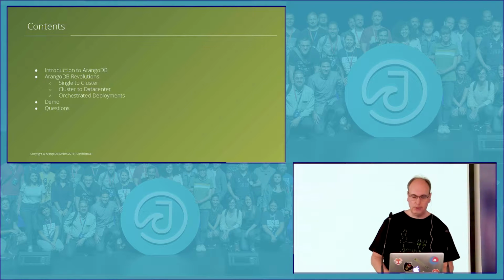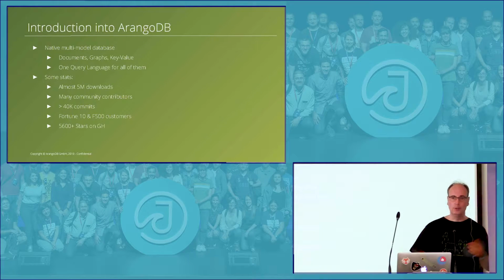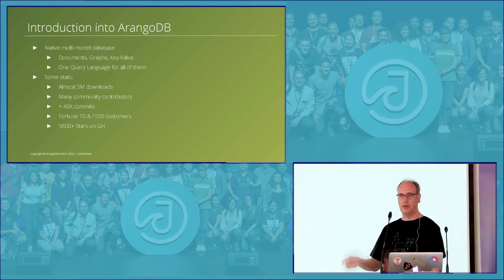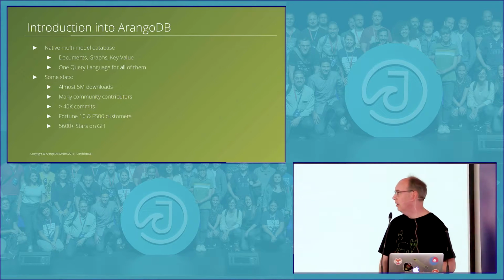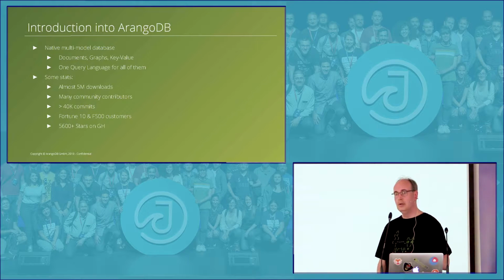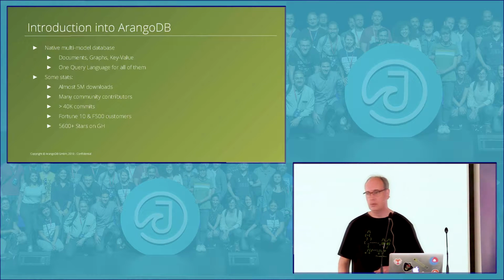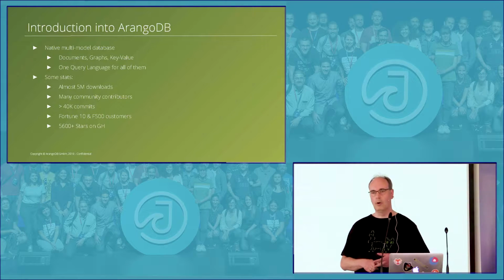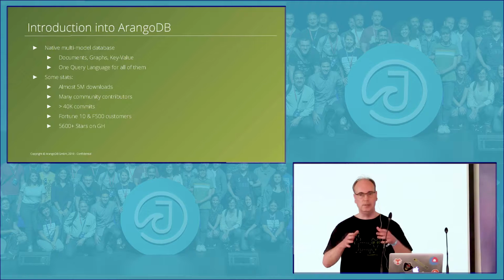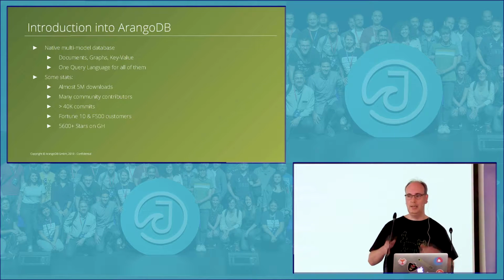Good. A very short introduction into ArangoDB. If you want to know more about ArangoDB, go to the website, go to the marketing team at the booth there. They can tell you everything about it. Just some highlights. It is a multi-model database. What does that mean? That means that there are no SQL documents, that there are graphs, there are key value stores, and everything is in a single data engine.